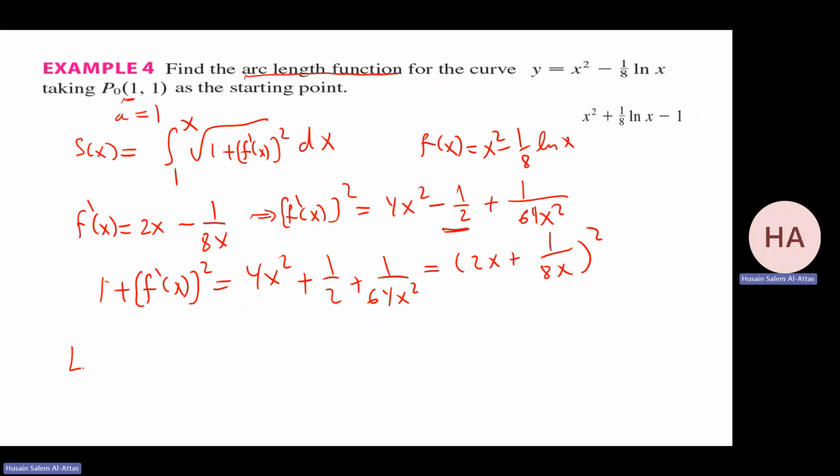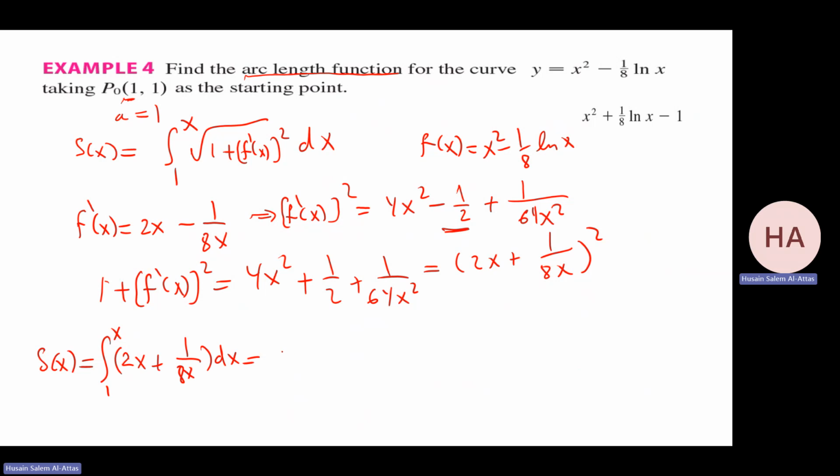So my L or my S of x, we want to x. Square root of this, so the square root will kill the square. That will be 2x plus 1 over 8x dx.